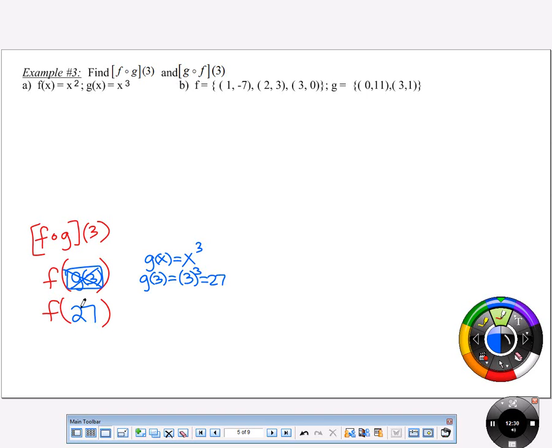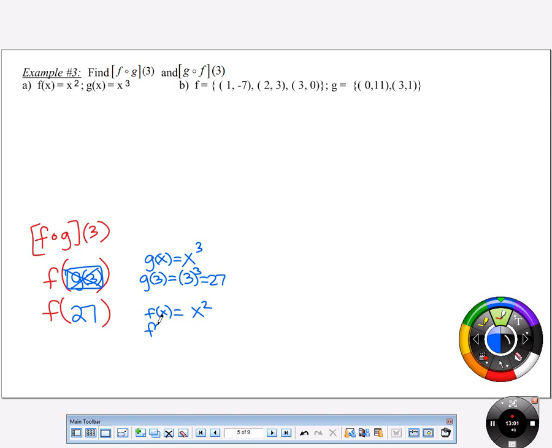Okay. And then just like with order of operations, now it's like you have a new operation to do. What's the next instruction that we have to do at this point? What are we supposed to do now? What does this mean? Austin? Good. Plug 27 into the function called f. So now you have to go find the function called f. Okay. I look up in this problem, f of x is defined as being x squared.